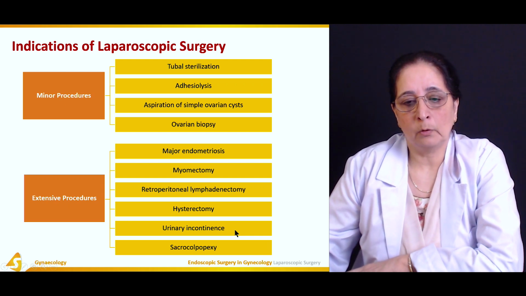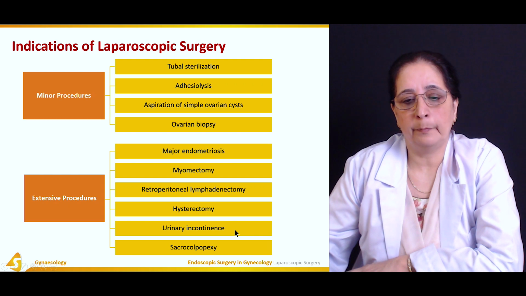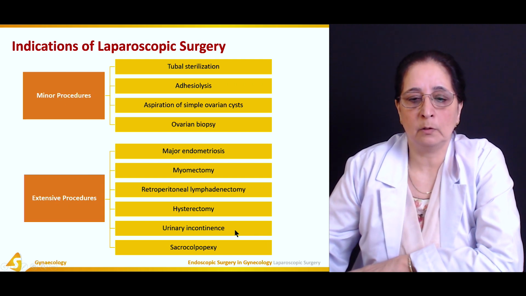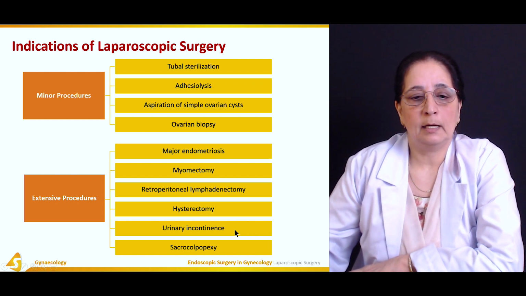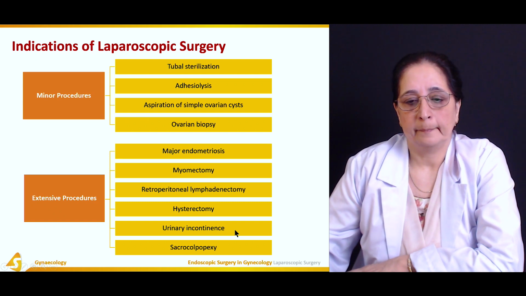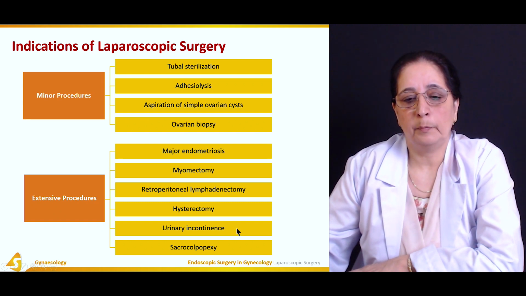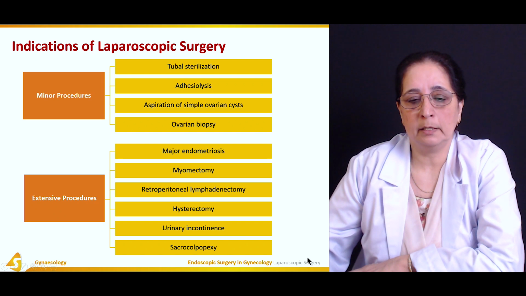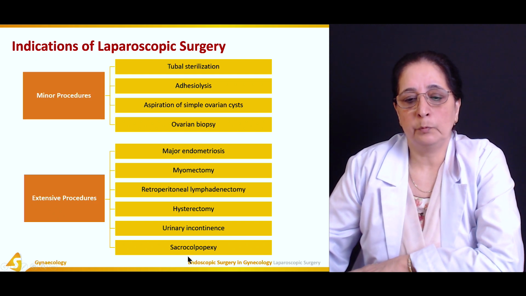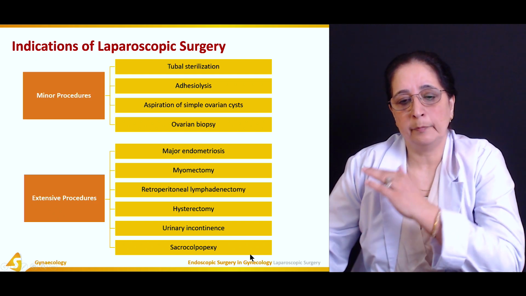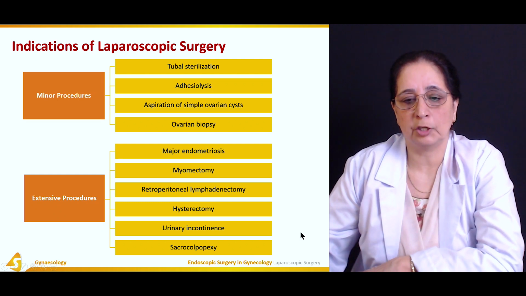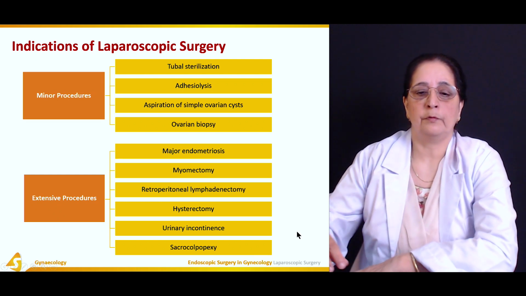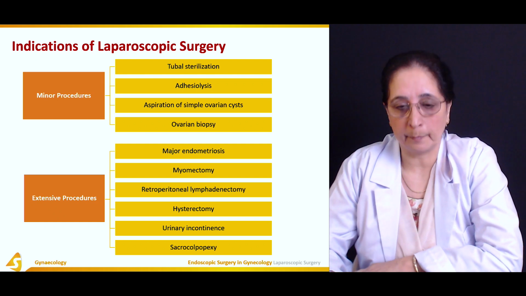Then sacrocolpopexy, which is done on the sacrum; pexy is to bring the structure down. This is also performed by laparoscopic surgery.